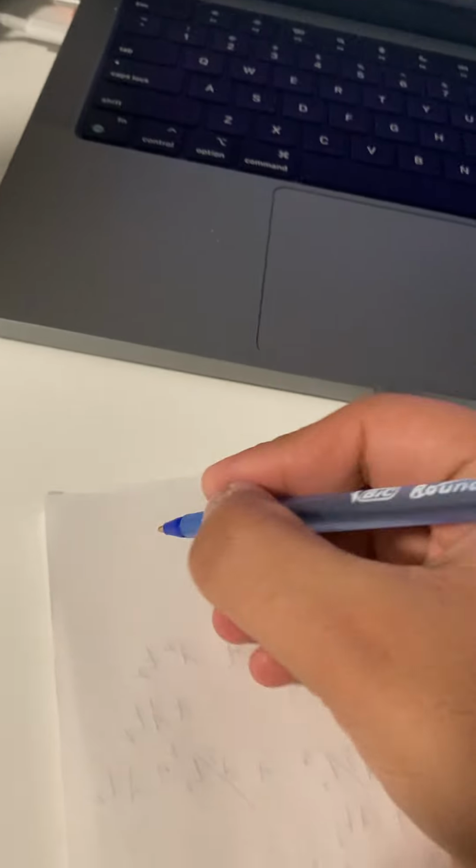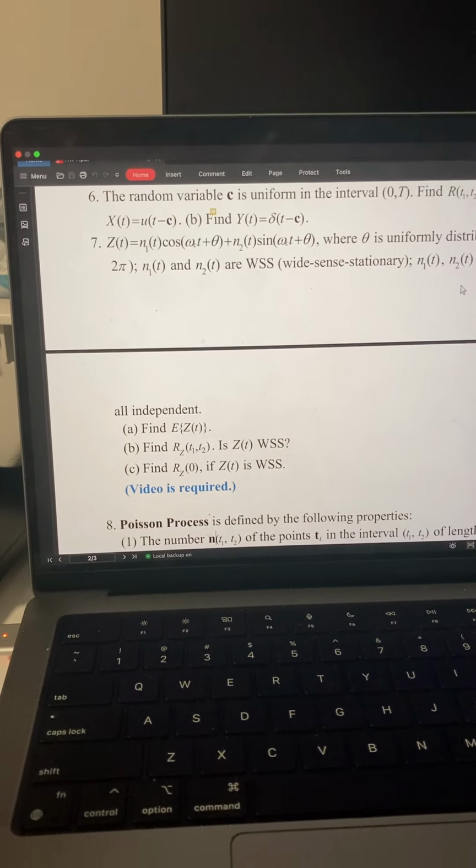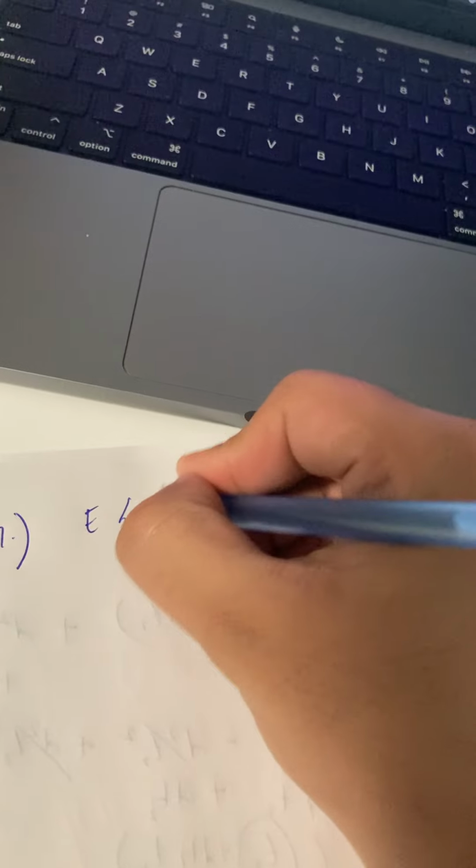In question number 7, we are told to find the expected value of z of t.